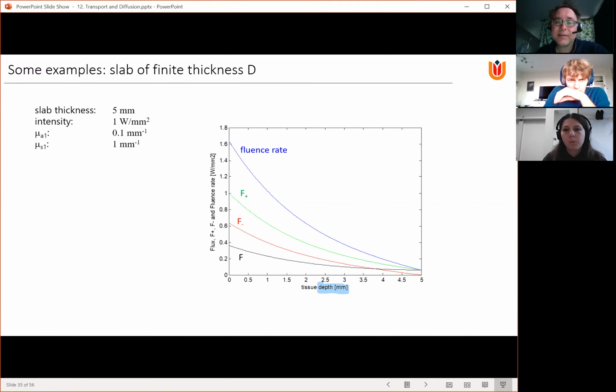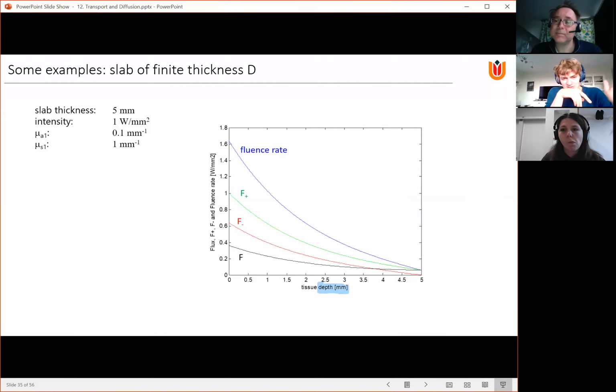If you look at, let's say, the green curve, the flux in the positive direction, what do you expect for the value at a tissue depth of 0? So that's basically at the left boundary. Does it make sense that there's only forward flux at the entrance?